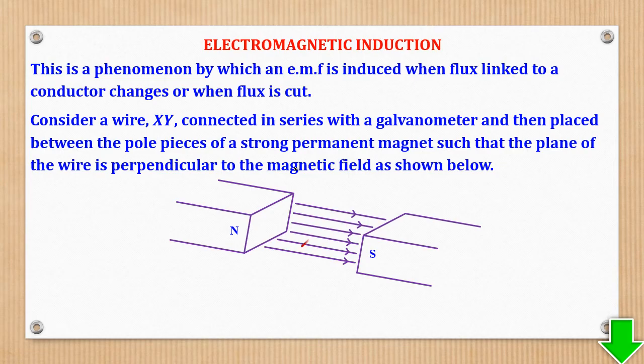Now when I put a wire here and connect it to a galvanometer, initially there's no deflection, meaning that no current is flowing. Why? Because it is stationary. And here we say EMF is induced only when flux linkage changes or when flux is being cut. Those two words are the same.